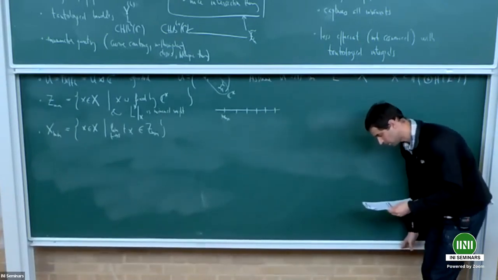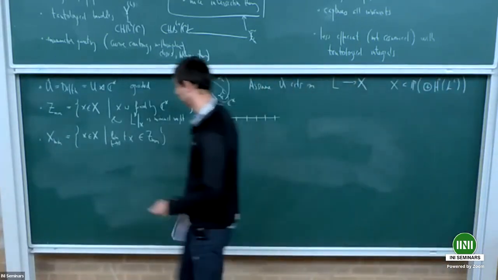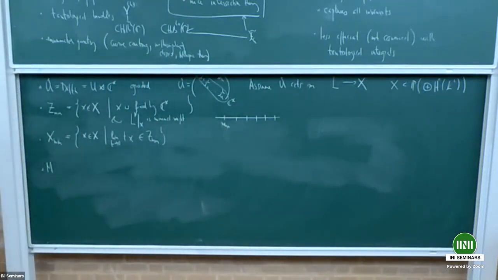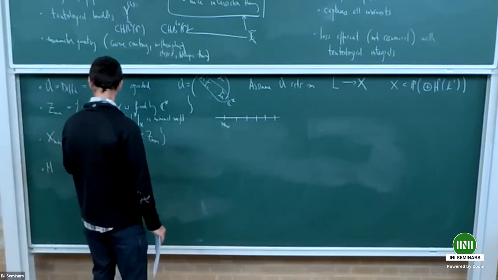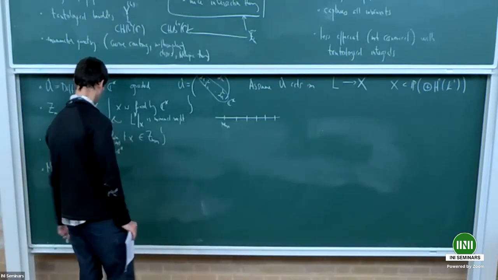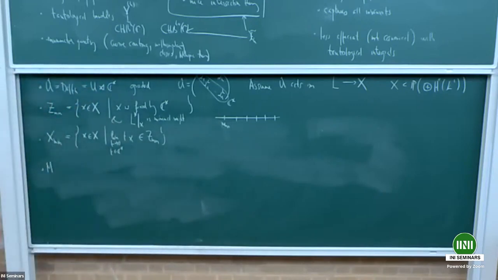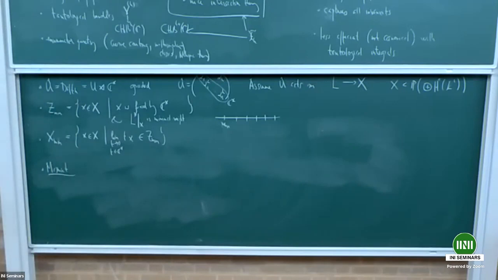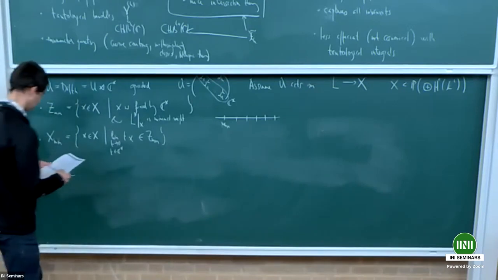So now we define this moment map. Yes, t is in C star. So we have a moment map. It's really a very simple setup here.